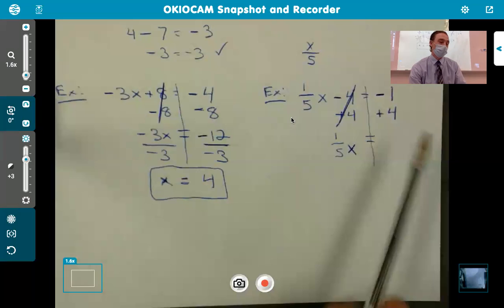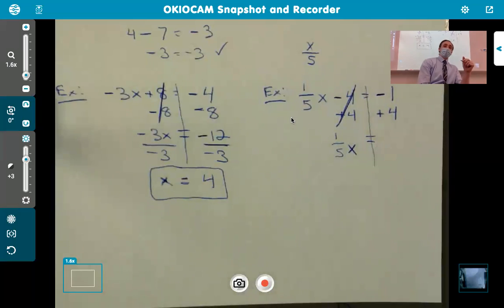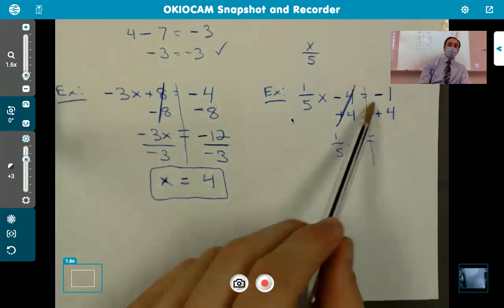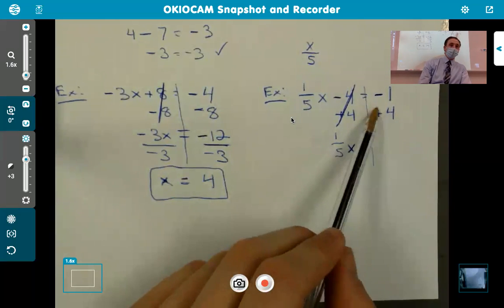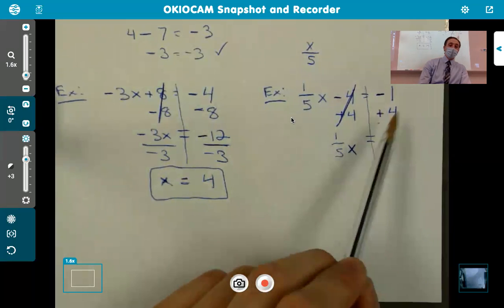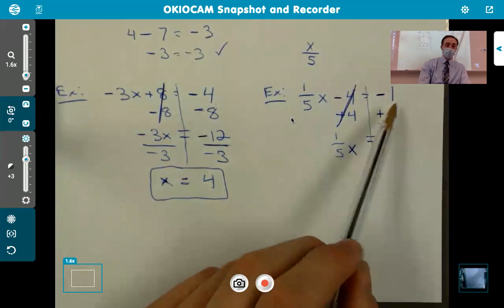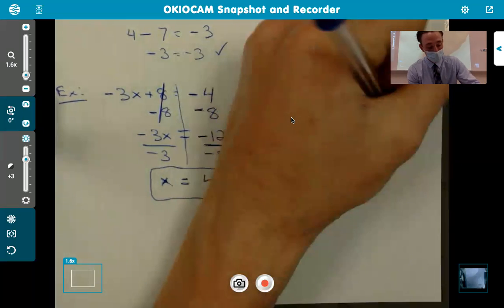Oh, -1 plus 4. Now, careful. So -1 plus 4, you're going from, what's that? +3, right? So again, if they have different signs, you can subtract them and then take the sign of the higher one. So 4 minus 1 is 3. The higher number is positive, so it's going to be +3.